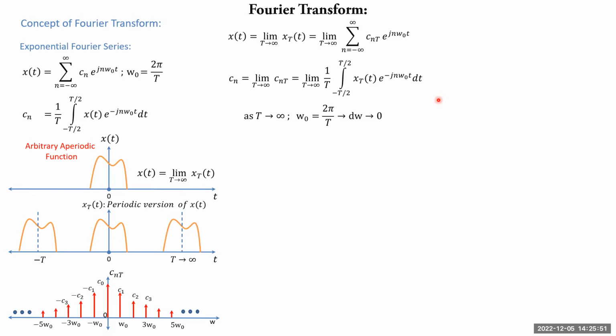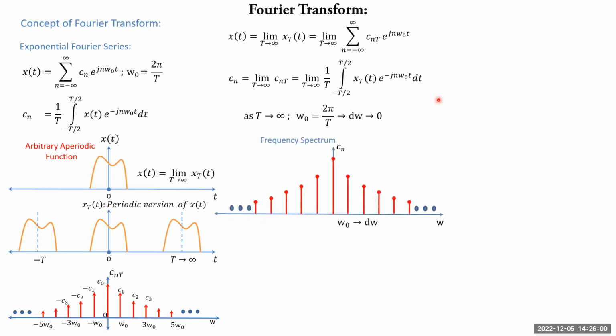So here, the frequency spectrum for some finite value of T as given by the Fourier series is discrete in nature. Now as T increases, the fundamental frequency decreases, that is, the spectrum will become denser compared to the previous value of T. Again, as T increases, the fundamental frequency will go on decreasing.